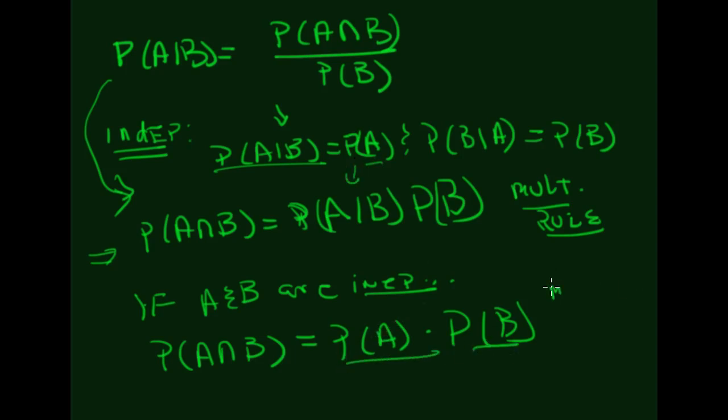So this is like a multiplication rule for independent events. All right, so there you go. There is conditional probabilities and independence in a nutshell.